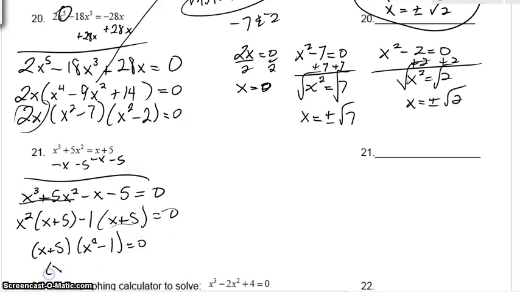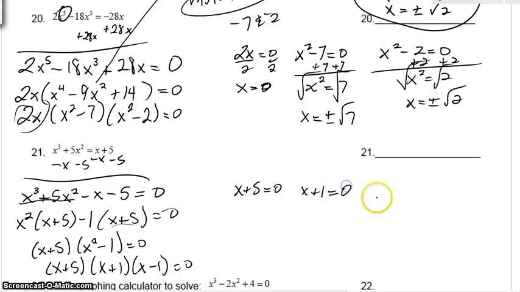And x squared minus 1 is a difference of squares. Here that comes again. You have x plus 1, x minus 1. And my goodness, once again, you can set these 3 factors equal to 0 and solve. As you do that, you can minus a 5 from both sides.